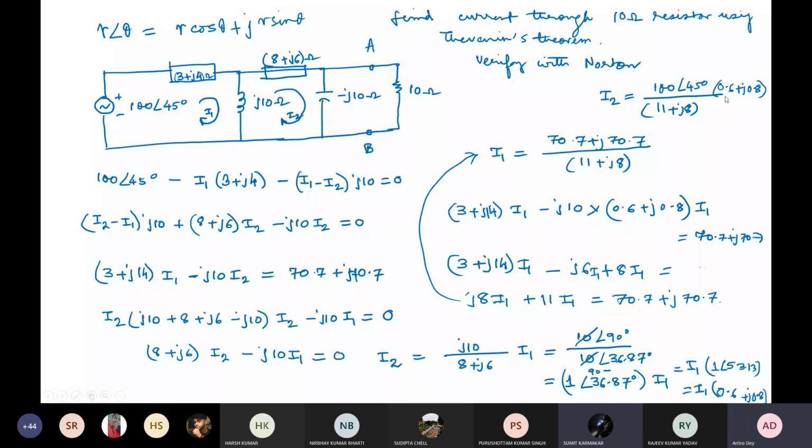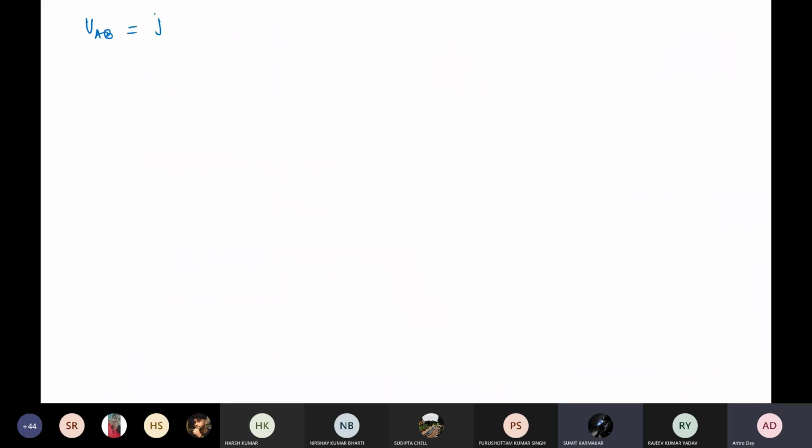And once you can find out I2 like this, then you can find out what is the drop across this. This is I2, so drop across this will be I2 into j10. So your drop VAB is equal to minus j10 into I2.